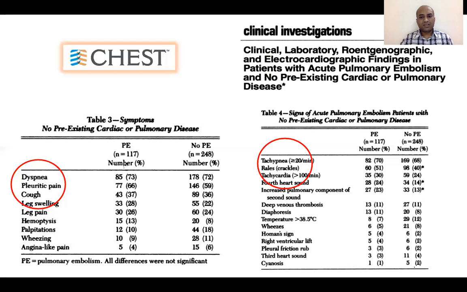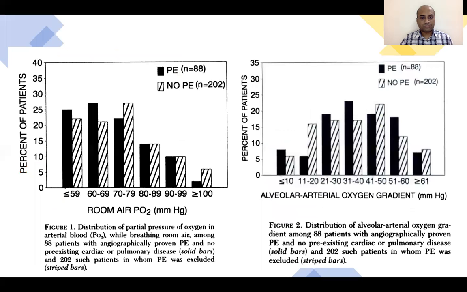Now, if you look at the clinical examination, signs and symptoms of the respiratory system like dyspnea, pleural pain, cough, tachypnea, and rales are not that specific or sensitive, and they don't contribute much to our clinical diagnosis.